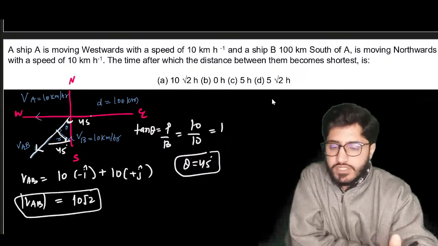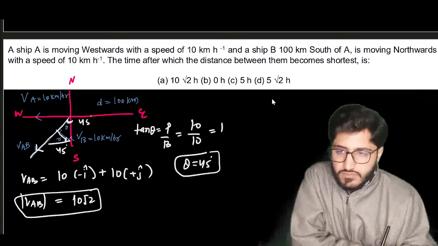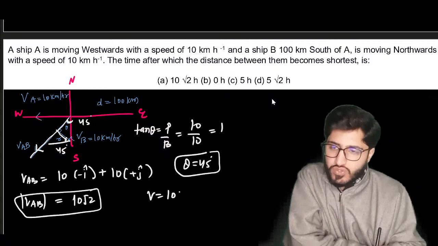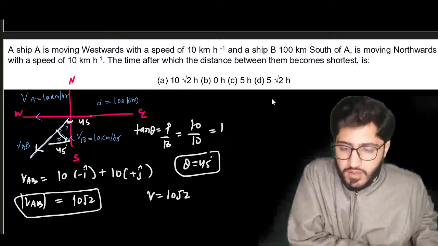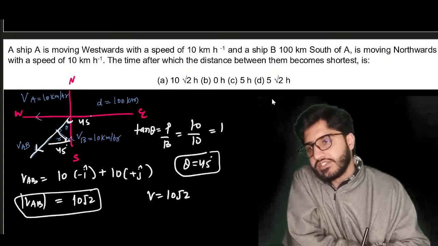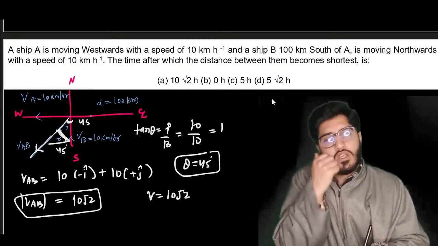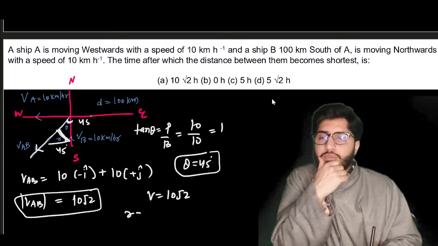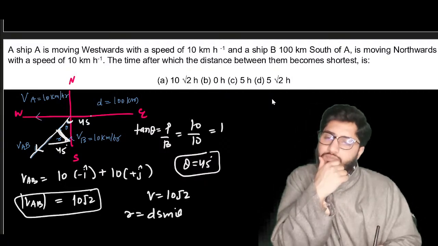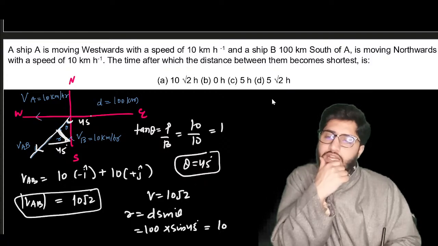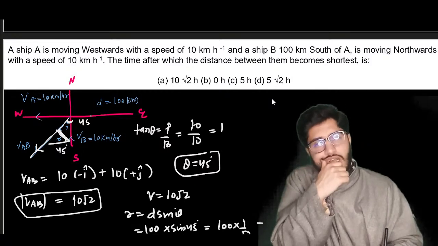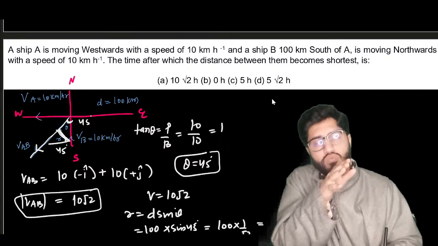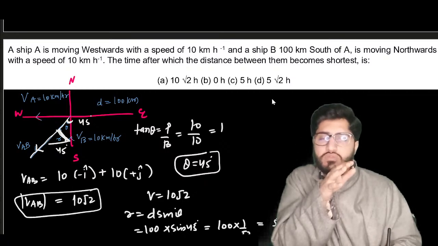Now look. Speed is 10 root 2. And what is this perpendicular distance? It would be d sine theta, that is 100 sine 45, which is 100 into 1 by root 2, so 50 root 2.